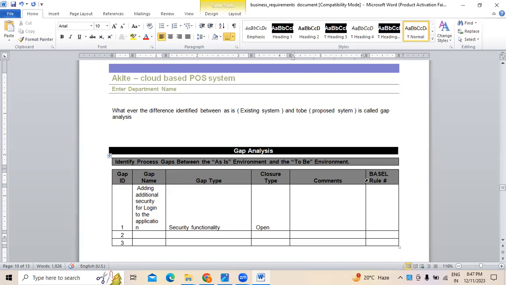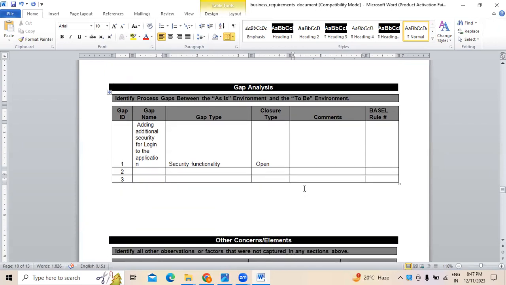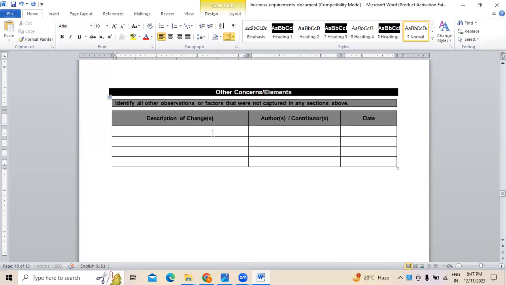Okay, base rule. This is not related to this project because this template belongs to my old project, so this column belongs to that category. Please ignore that. Comments: if there are any comments relating to the particular gap analysis over a period of time, not immediate, they will be mentioned under comments here. After that comes the description of changes.